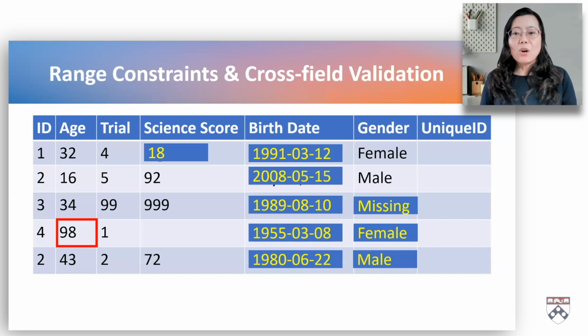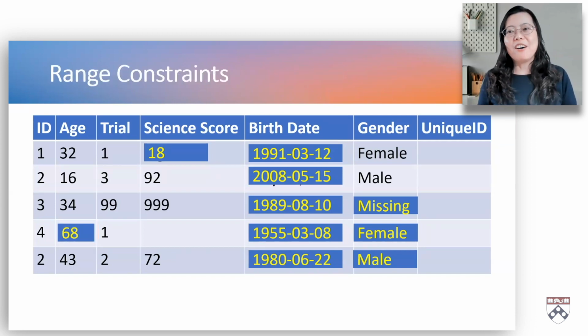Given that it is uncommon for individuals to attend schools at the age of 98, I reviewed the birth date column and found that this person was born in 1955. Consequently, the correct age should be 68, not 98.